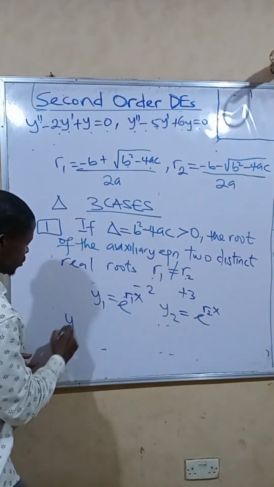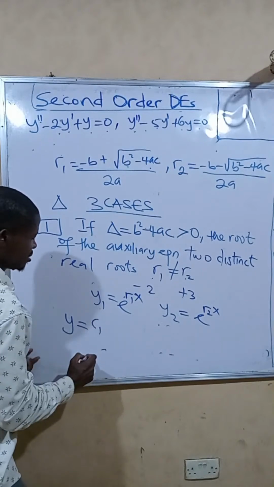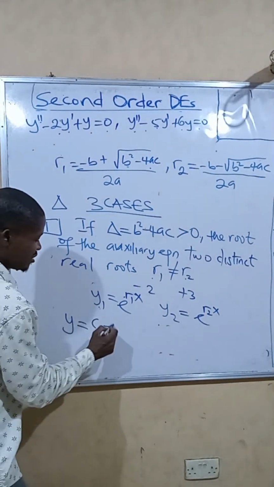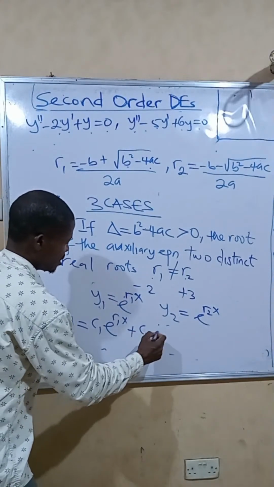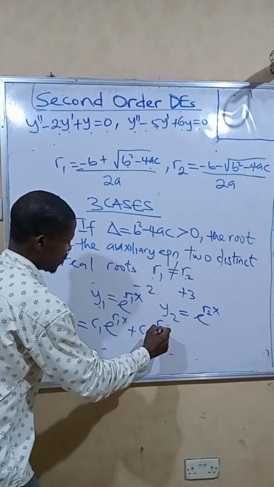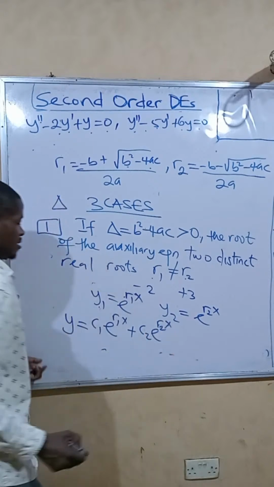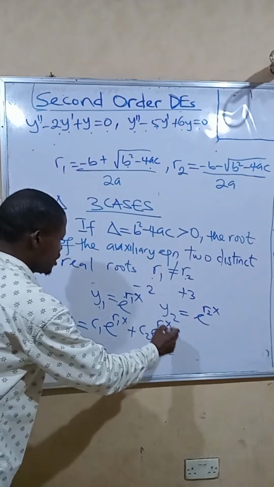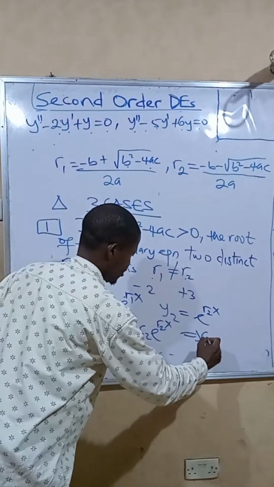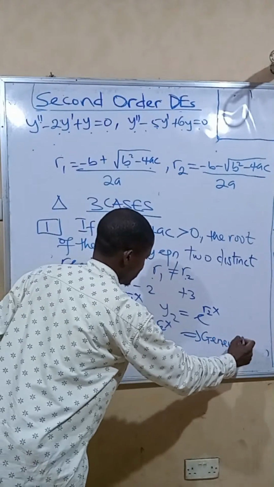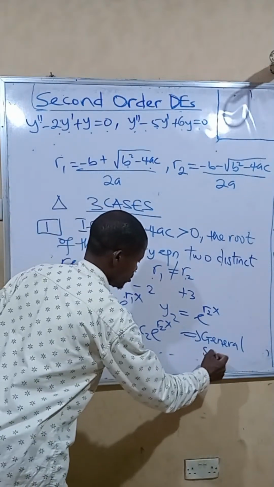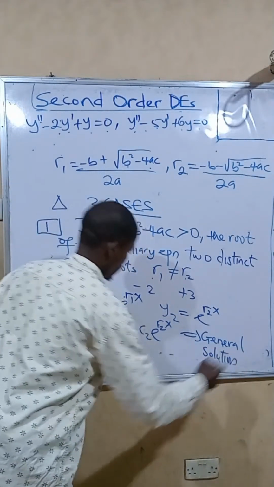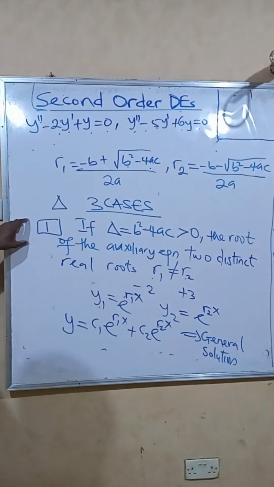So the general solution will be y equal to c1 times y1 plus c2 times e to the power r2 x. So that's the general solution of the homogeneous differential equation. That's case one.